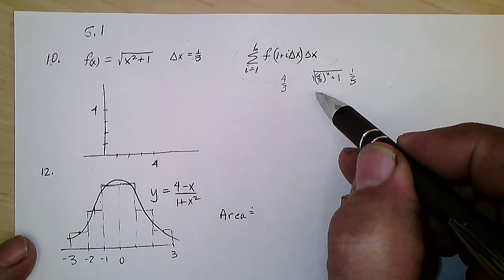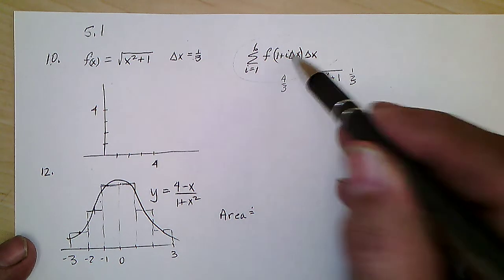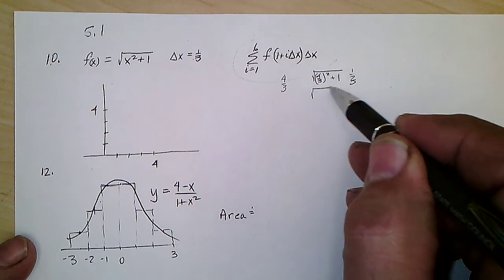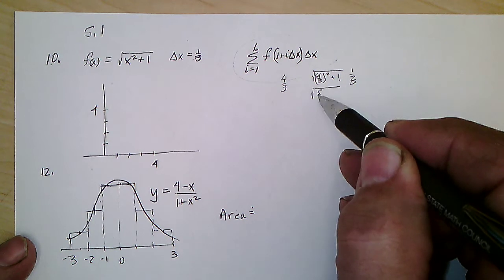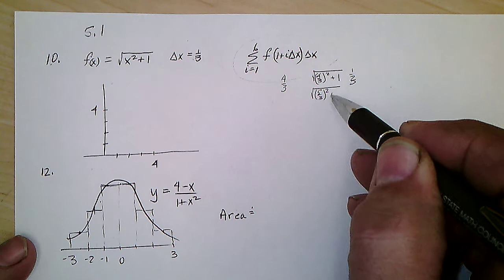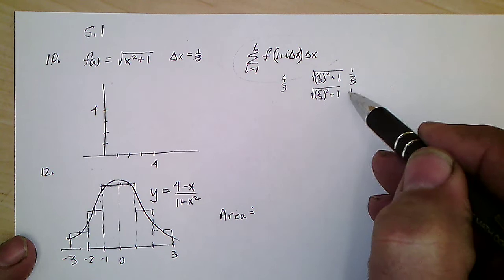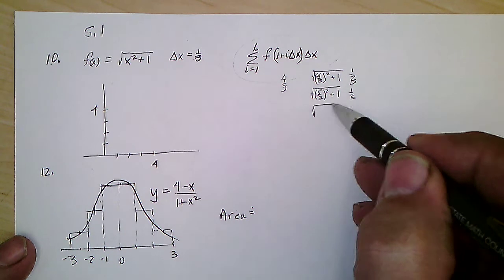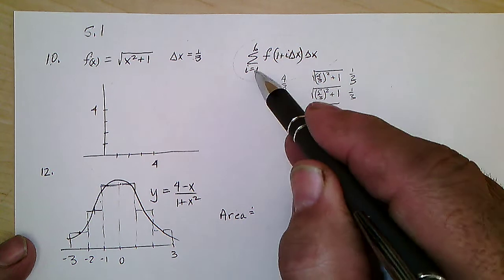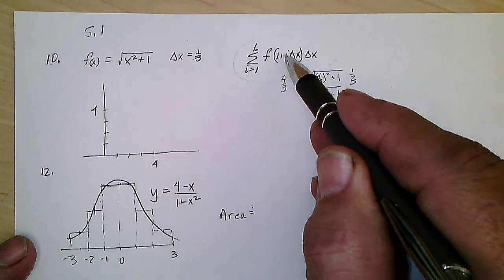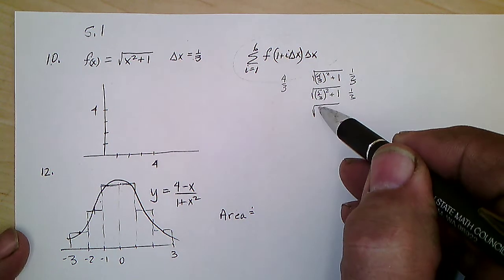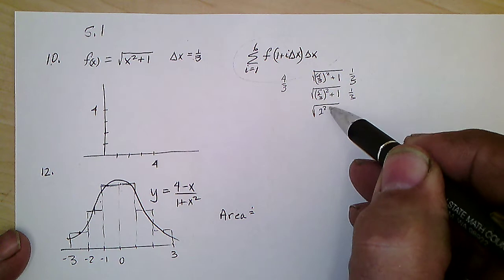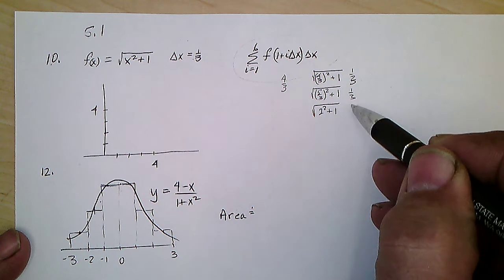And then I've got to put in 2, and so I'm going to have another third added. So it's going to be 5/3 squared plus 1 times 1/3. And then I'm going to put in i equals 3. So 3/3 is 1. So that's going to be 6/3 or 2 squared plus 1 times 1/3.